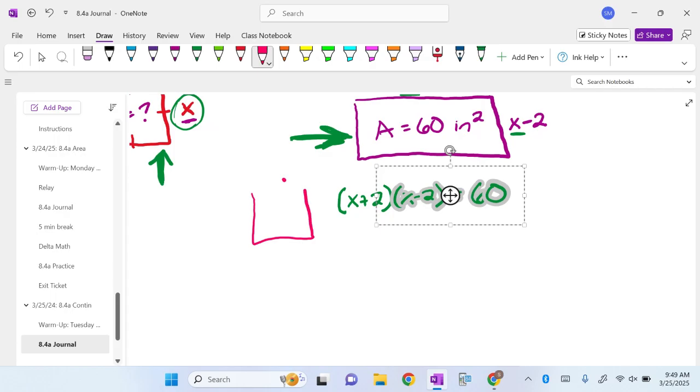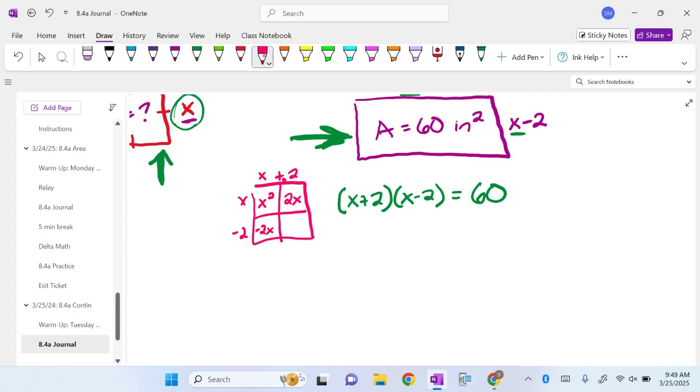So I'm going to do a quick box method for the x plus 2, x minus 2. So this would be x plus 2, x minus 2. X times x is x squared. 2 times x, 2x. Guys, heads up, please. All my little sleepy heads, wake up. Negative 2 times x.